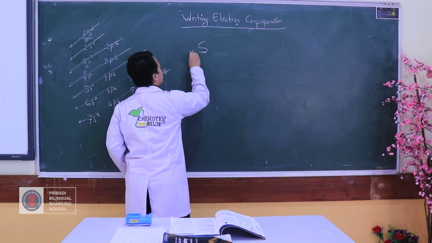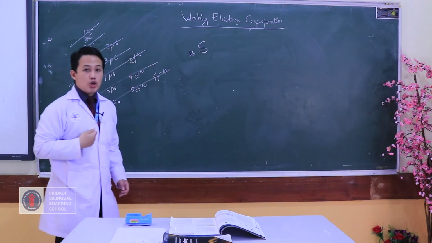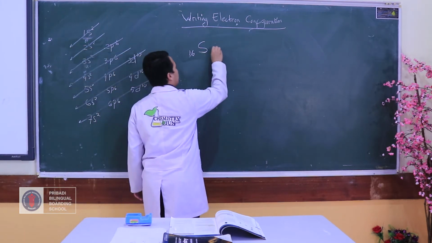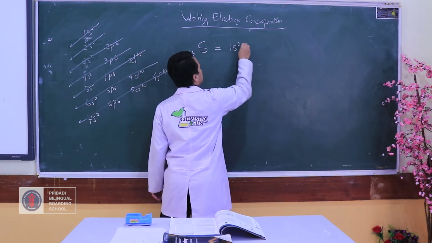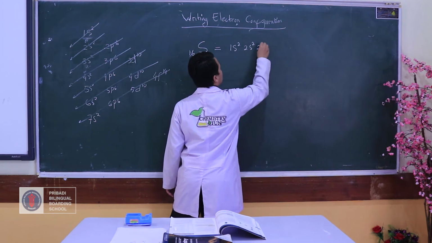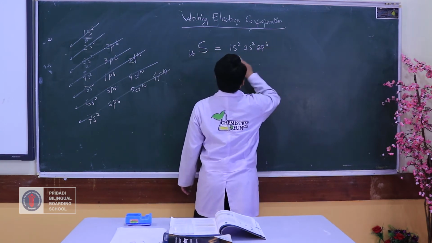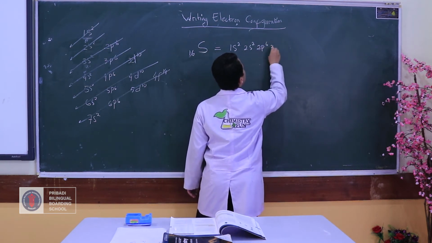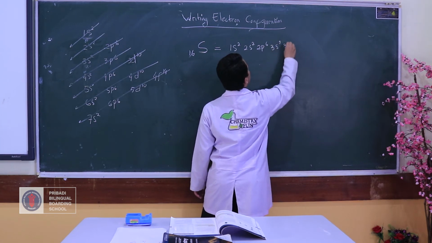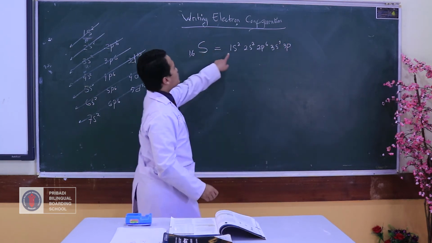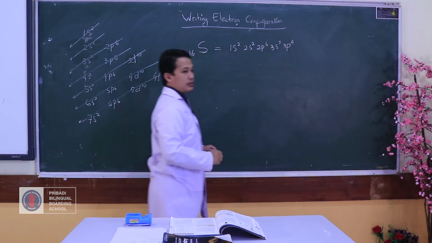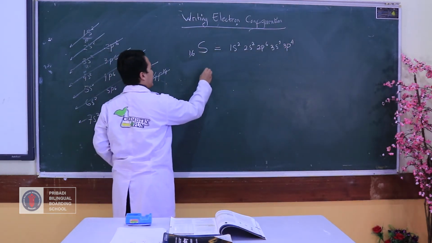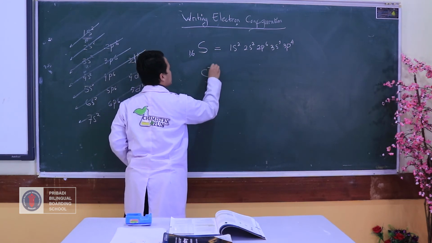For example, S16. This is the normal, natural one. So firstly, let's write it down. S16: 1s2, 2s2, 2p6, 3s2, 3p4. Okay, so what about if I have S minus 2?